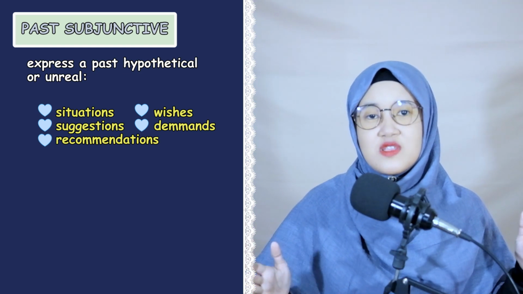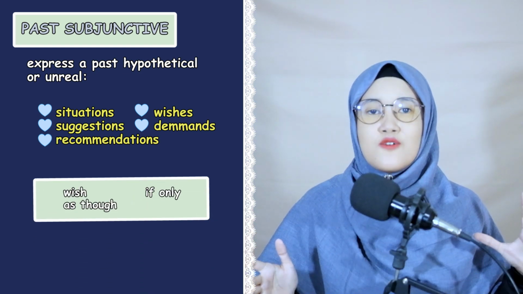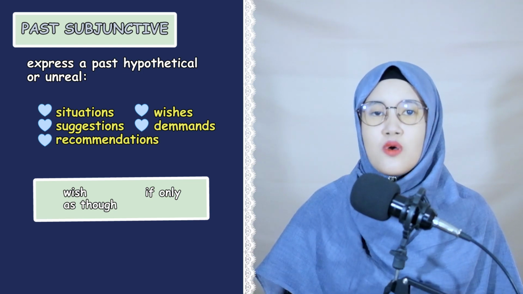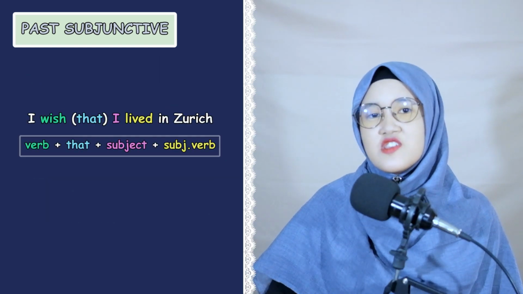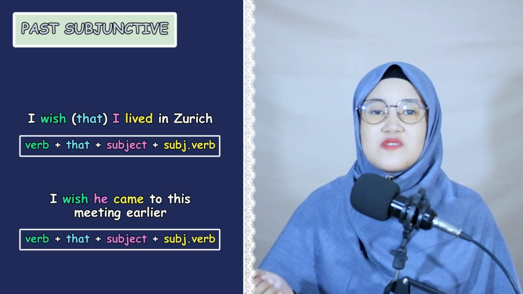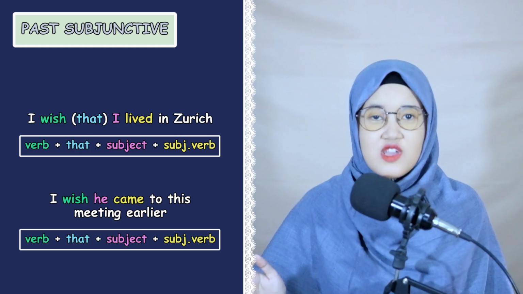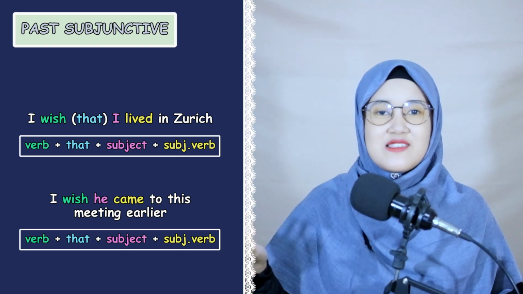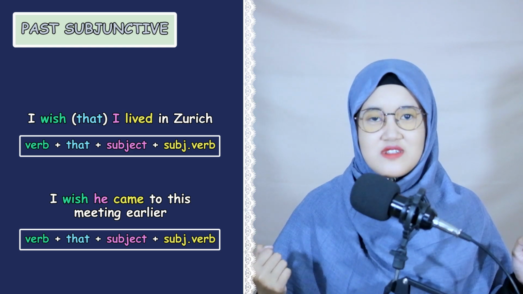We often use the past subjunctive with wish, if only, or as though. I wish I lived in Zurich. I wish he came to this meeting earlier. Wish is used to express a desire for a past event that didn't happen.